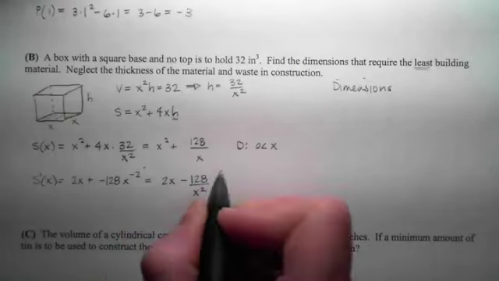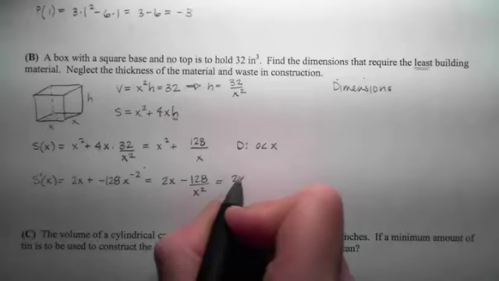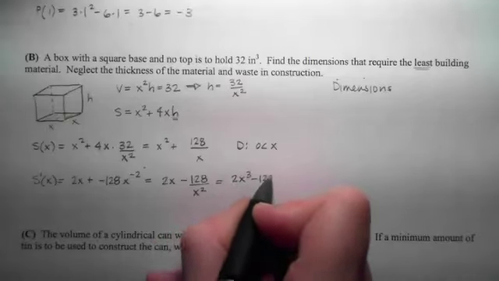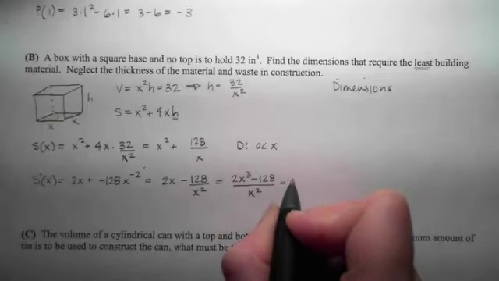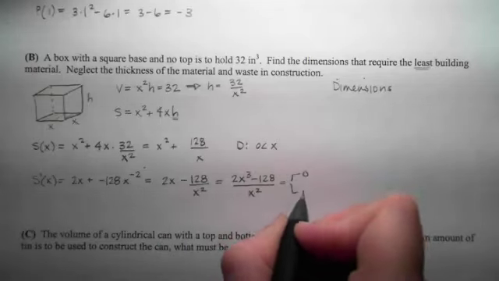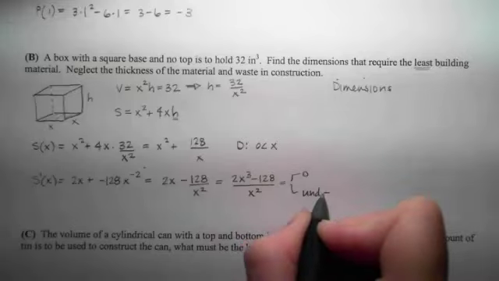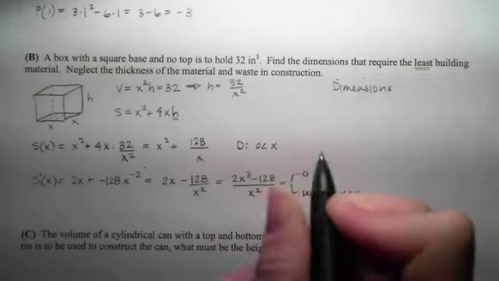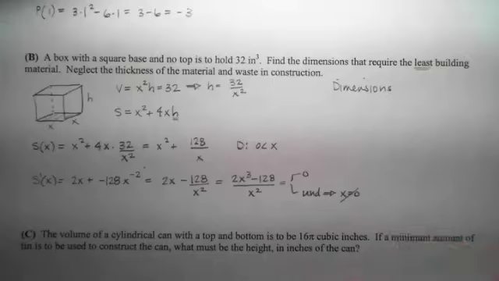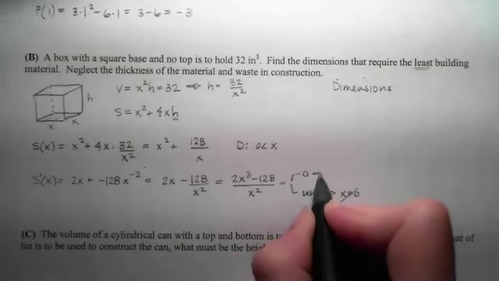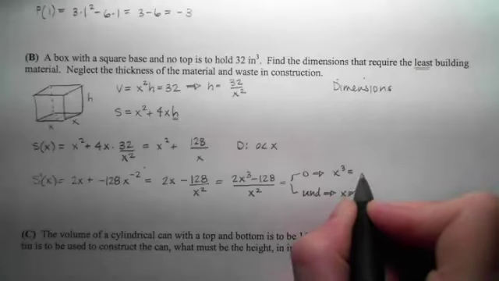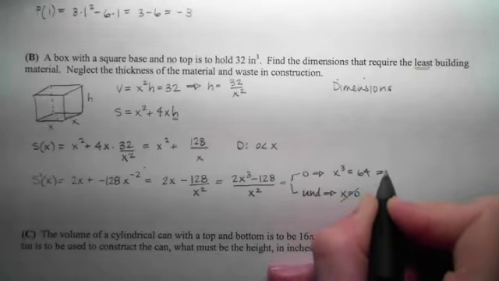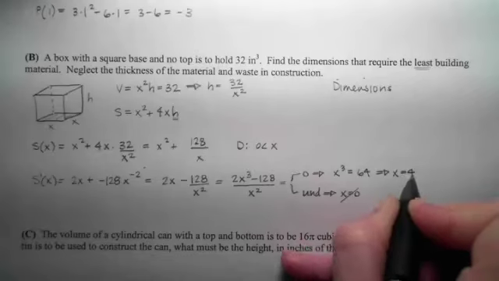This needs an x squared, so I'll have a 2x cubed minus a 128 over an x squared. I need that to equal 0 or undefined. Well, it's undefined when x equals 0, but that's not in my domain. And it's 0 when x cubed equals 64, or when x equals 4.